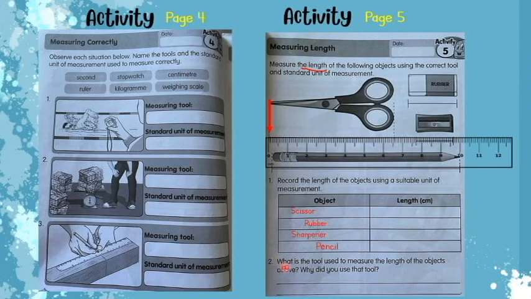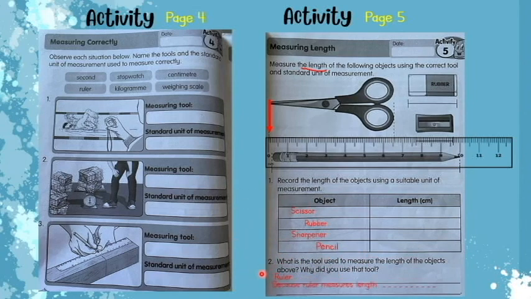Question number 2. What is the tool used to measure the length of the objects above? We use what? Can you guess? Yes, we use ruler. Very good. Why did you use that tool?